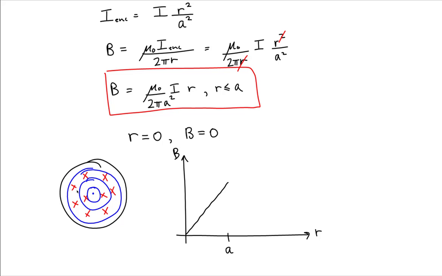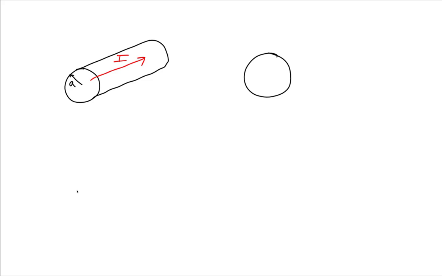Now let's find the magnetic field outside of our cylinder. We said that this is a long cylinder, so it can be treated like a long wire. The current is moving through our long cylinder, and our long cylinder has a radius of a. We could use Ampere's law to find the magnetic field at a point outside of it.